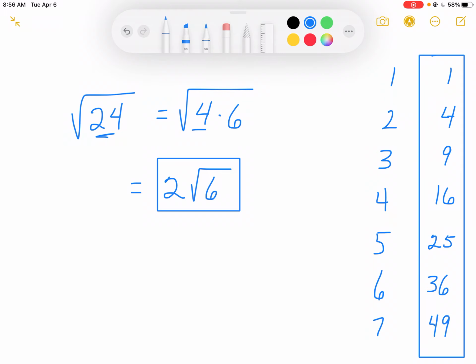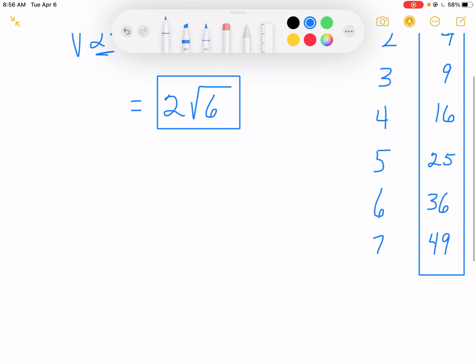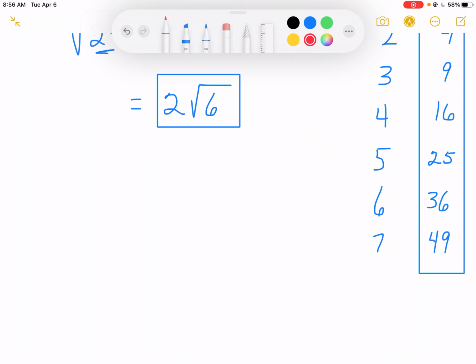So we might see something like this today in our homework. An example sort of like maybe x squared equals 12. And so just like yesterday's assignment, you'll take the square root of both sides first. And you'll get x on the left side, and then 12. What does 12 break down into? Think about what numbers that might be.